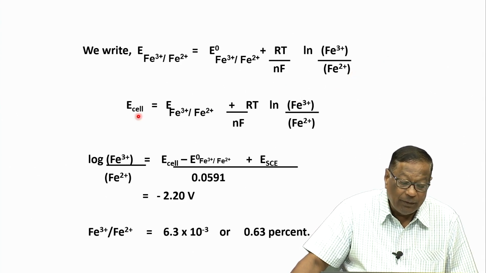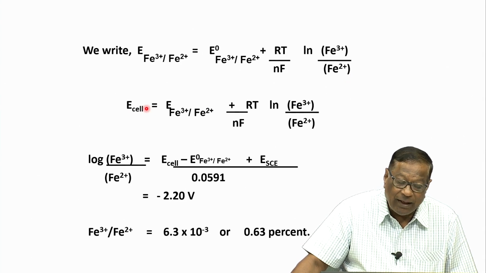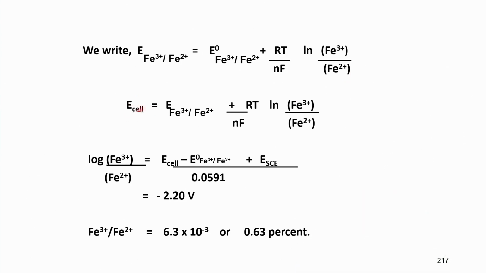Okay. So, then measure the EMF. What is the E cell? EMF is nothing but E cell, potential of the cell when you set up ferric ferrous solution with platinum electrode and calomel electrode. So, I write E cell equals E naught Fe3 plus by Fe2 plus, here it should be E naught. Okay, I have forgotten there to write, plus RT by NF ln Fe3 plus by Fe2 plus.